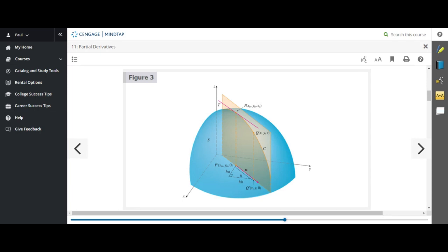So z is a function of x and y, and that's this blue surface S.